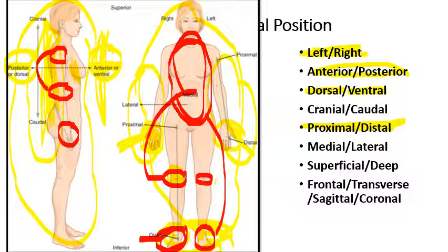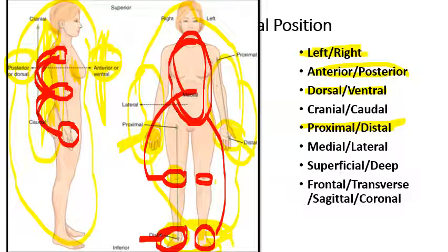You could also say that the elbow is distal to the shoulder but proximal to the hand, because the elbow is actually closer to the torso than the hand. So that is distal and proximal.